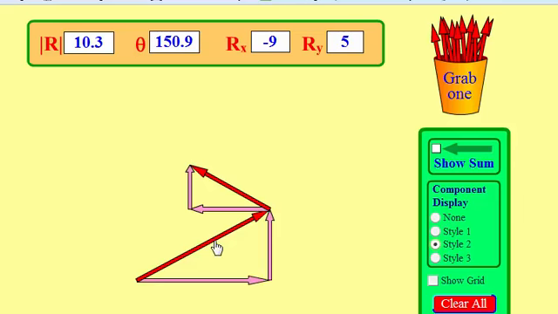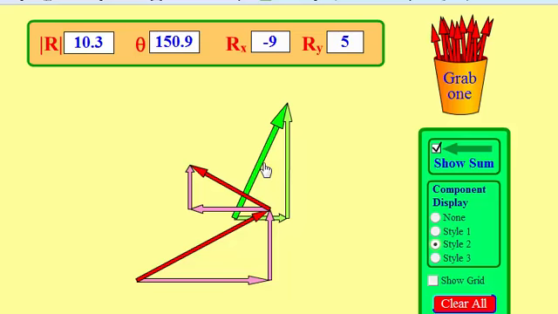If we look at this first vector, it has a positive 15 in the x direction, and this one has, let's click on it, a negative 9. Positive 15, take away 9, that means in total positive 6 in the x direction.